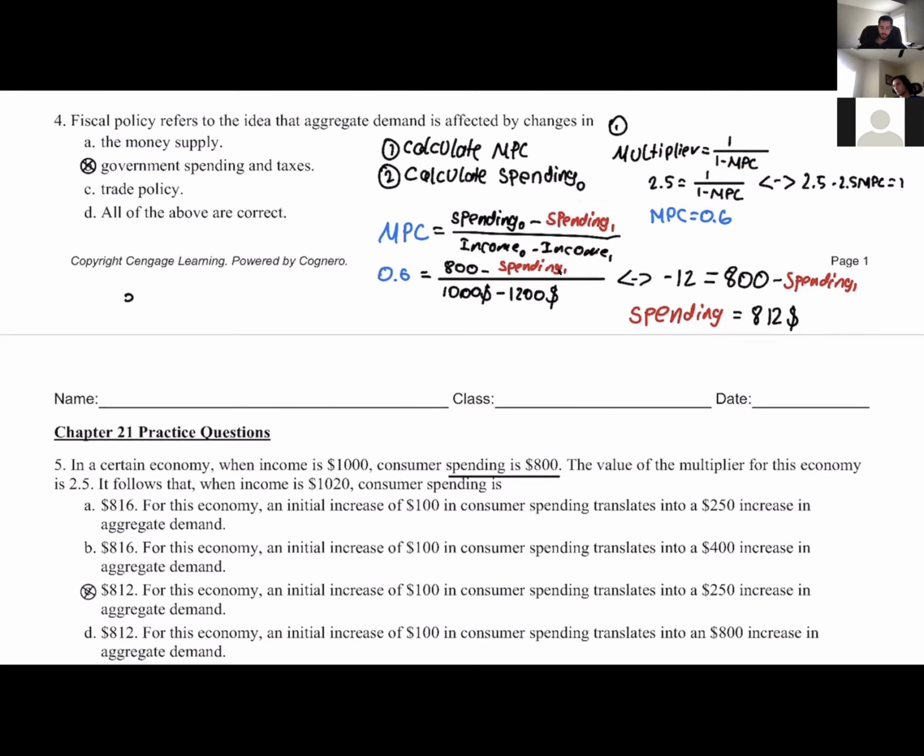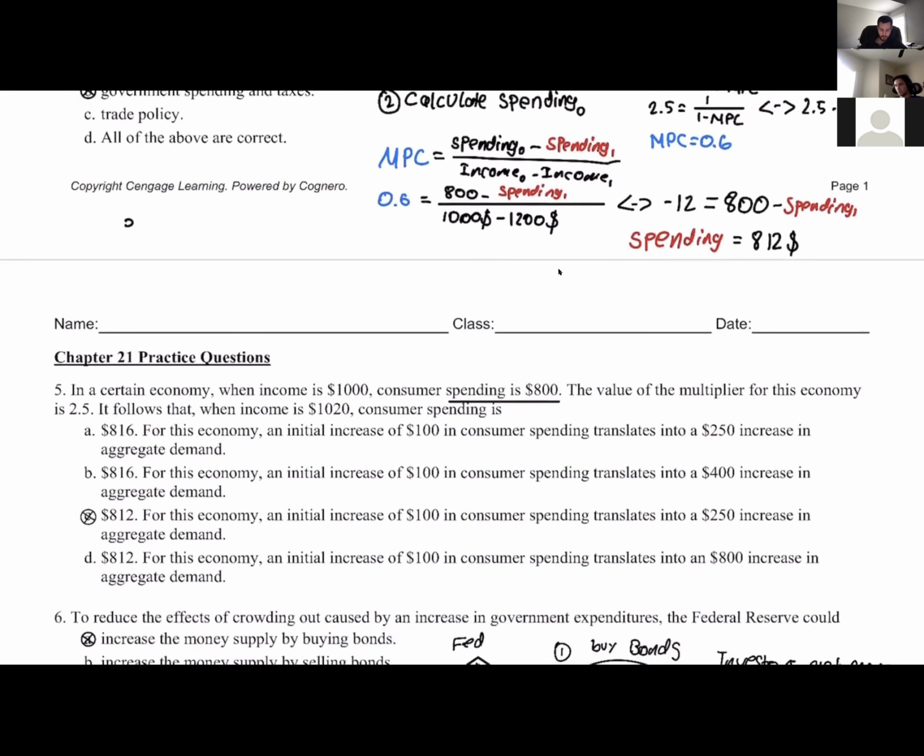Then I plug this in here, and we are given spending 0, which is 800, income 0, which is 1,000, and income 1, which is 1,020. We're just missing this part. So you plug everything you have in here and solve again for one variable, which gives you spending of 812.